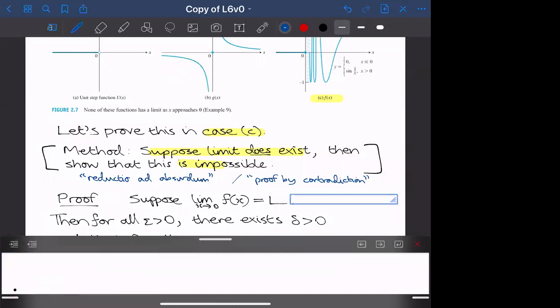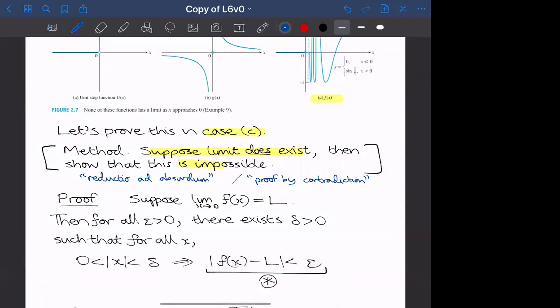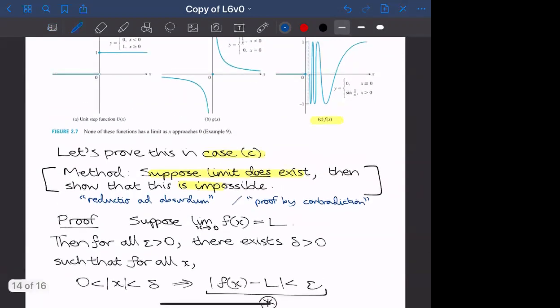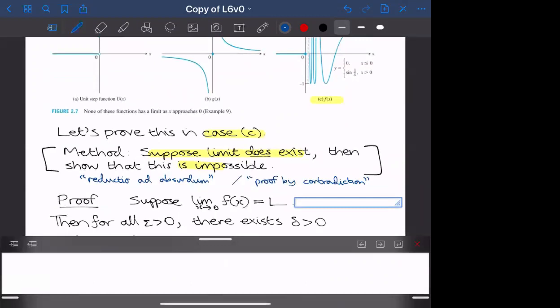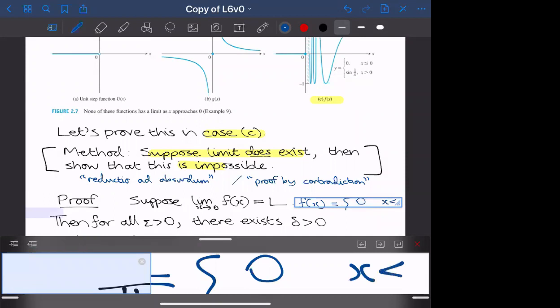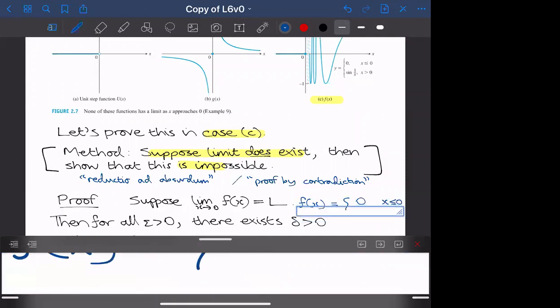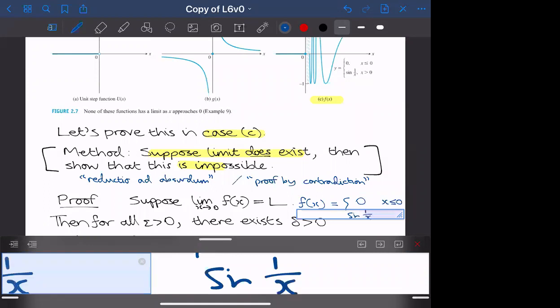Okay, so in this function, I'm going to write it out actually. So in this function, f(x) is 0 for negative x and sine 1 over x for positive x.